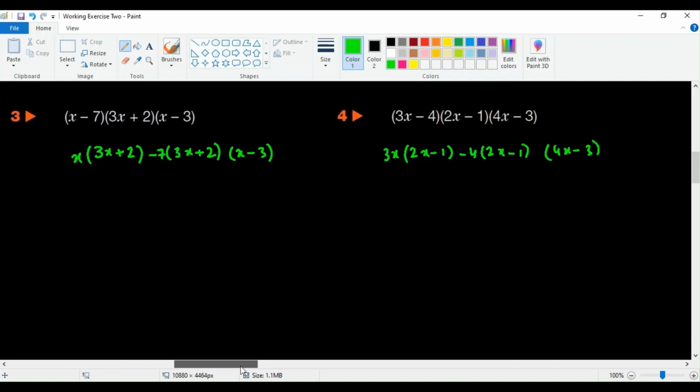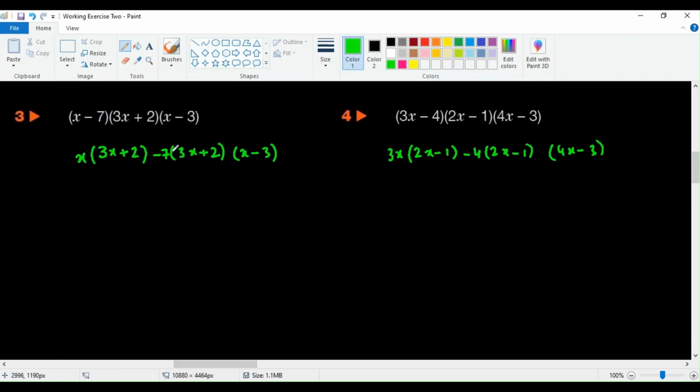In here there are three brackets and they are going to be multiplied together. So first I'll multiply 3x plus 2 two different times, first with x and next with minus 7. So first one is going to give us 3x square and plus 2x. Next one is giving us 21x and minus 14. This is going to be multiplied by x minus 3, but later.